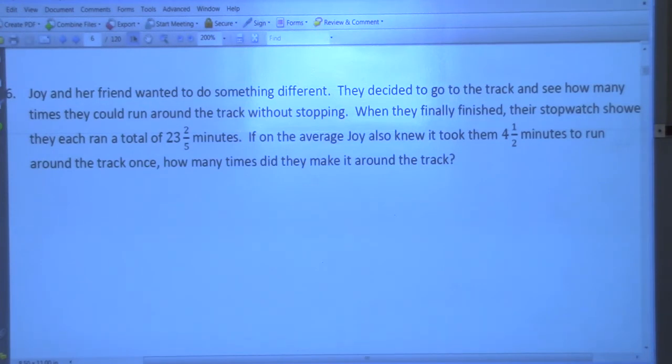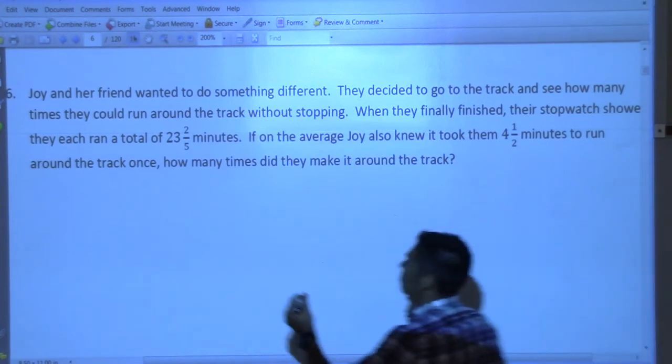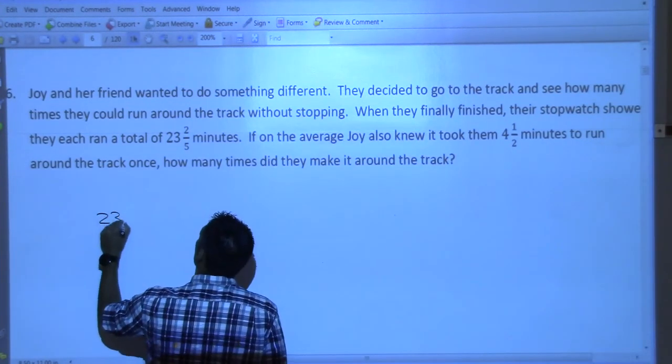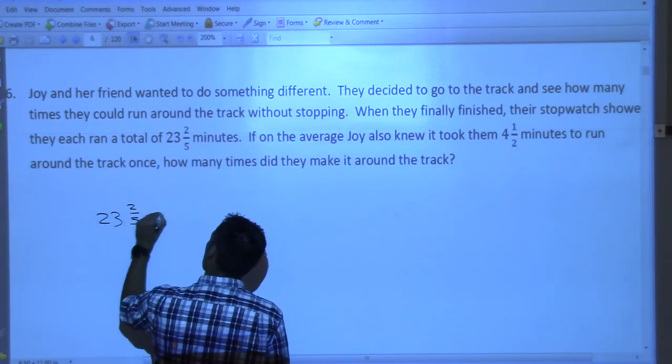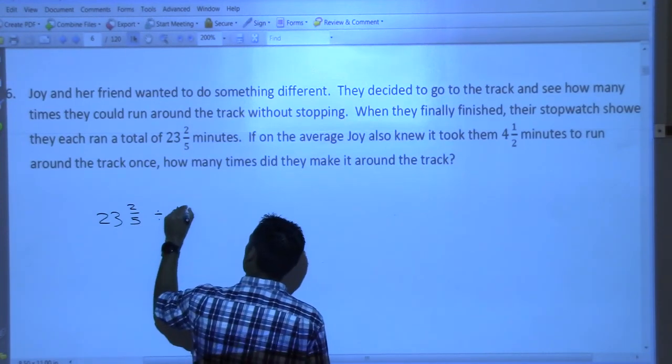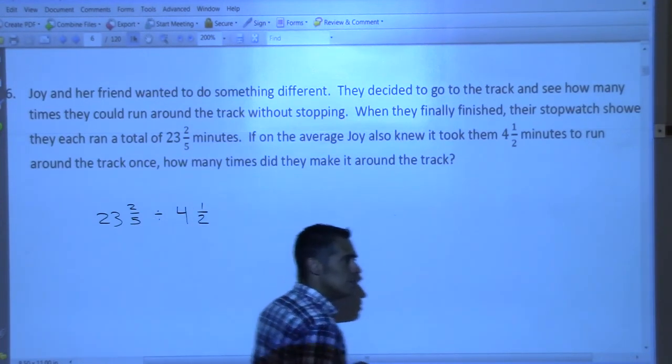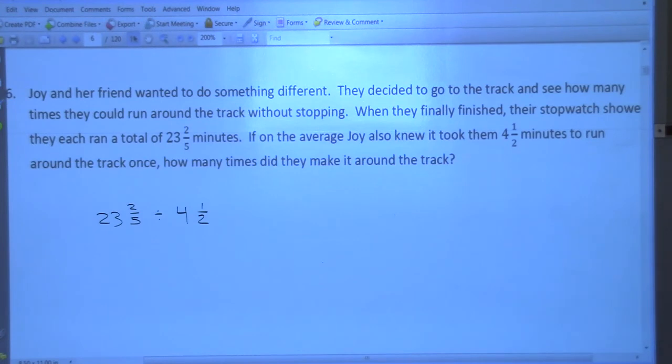There you are. All right, Adam, you need to do what? Divide 23 2/5 by 4 1/2. Okay, take 23 and 2/5 and divide that by 4 1/2. That's it? And that'll be the answer? I believe so. Again, I haven't read the problem, so I'm just taking what you're giving.